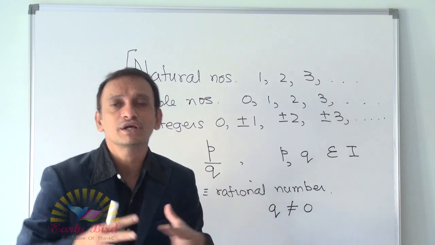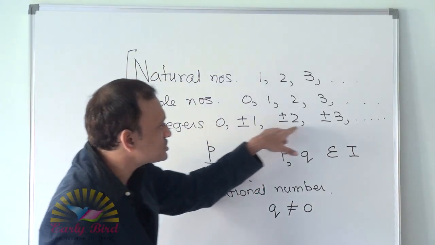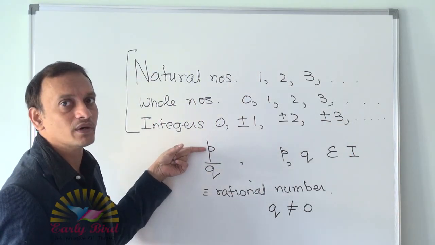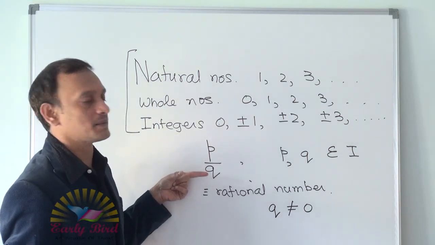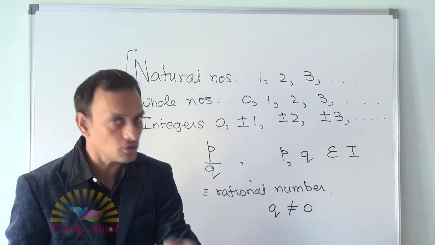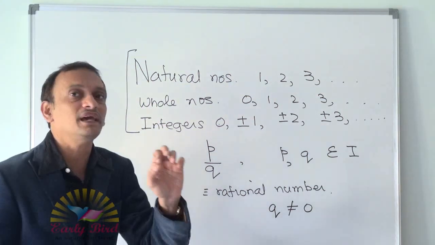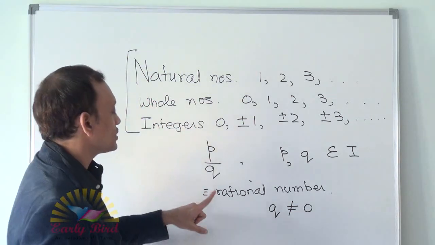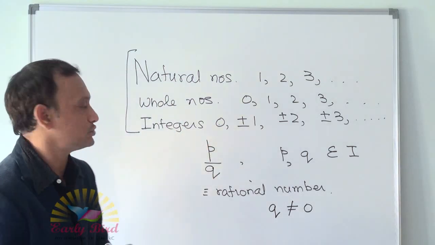Other than that, p and q can assume any integer values. P could be 0, p could be plus minus 1, plus minus 2, etc. Q, however, can be anything except 0, because division by 0 is illegal. So numbers of the form p by q, where p and q are integers, the name given to such numbers is rational numbers.